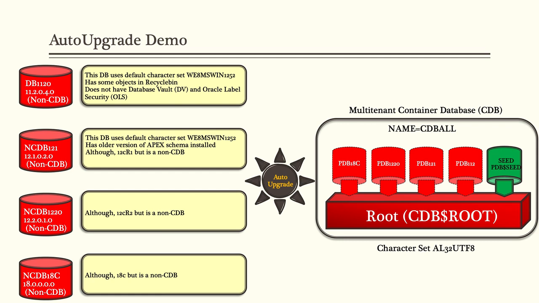And from 18c, none of your Apex schemas would be upgraded as part of the DB upgrade process. You have to do it before the DB upgrade happens. And if you feel, oh, I'm not going to use the Apex schema, then, as I said, remove the Apex schema if it's not being used.